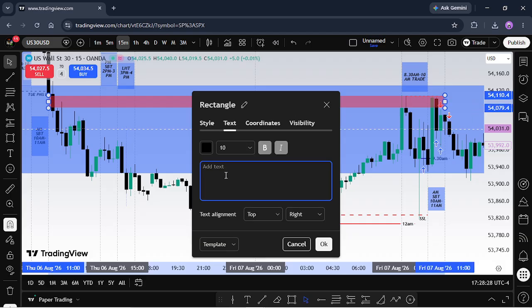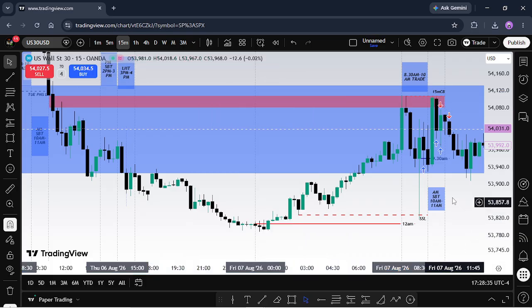Wait, I wanna see something. 15 minutes CB, right? Look at the bodies. They came right in there. Why couldn't it just wick above that? That's all it had to do. Just wick above that.